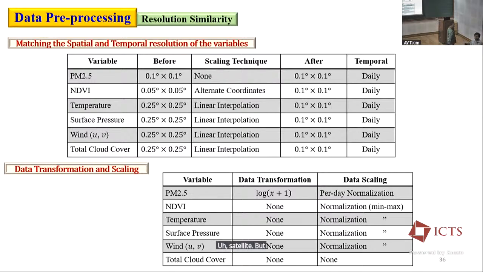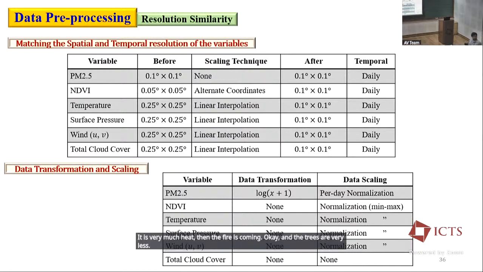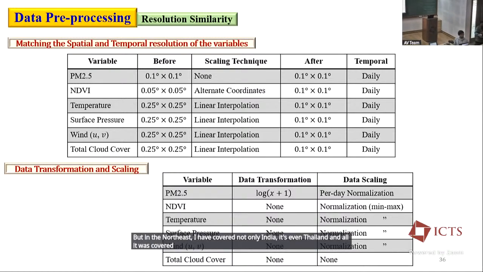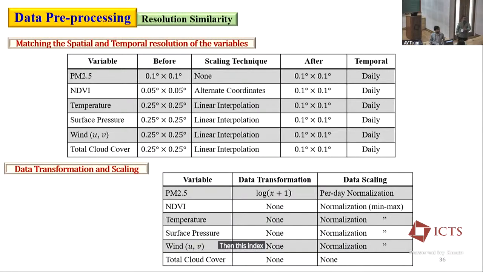But in central India, it is dry, very hot, then the fire is coming, and the trees are very few. But in the northeast, I have covered not only India, even Thailand and all was covered. There was dense forest. Then this variable was giving better performance.